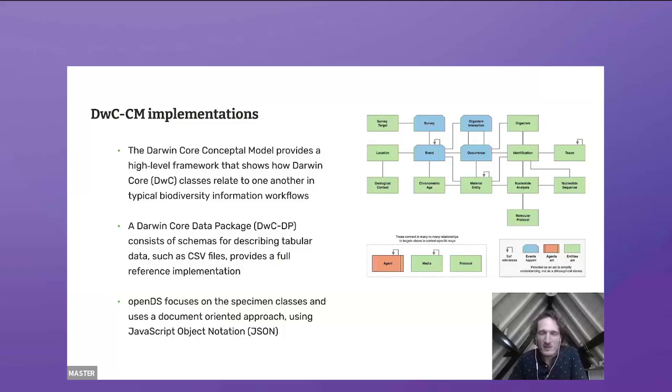We focus on specific specimen classes, so we don't implement all classes. We don't implement any of the nucleotide analysis or nucleotide sequence. We really focus on the specimen, and we structure it in an object-oriented, document-oriented approach using JavaScript Object Notation.